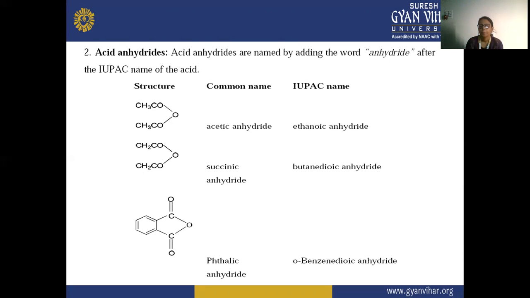Its name is phthalic anhydride, and according to IUPAC, its name is o-benzenedioic anhydride. So in the benzene, on the ortho position, the two carboxylic acid groups are attached. That is why its name is also benzenedioic anhydride.